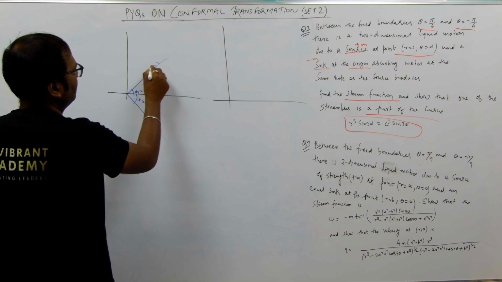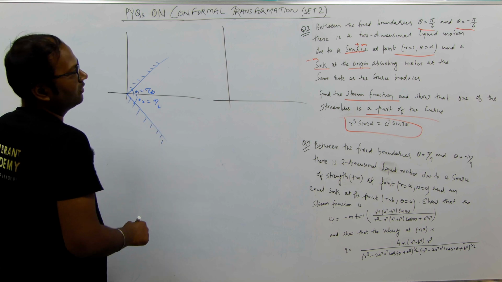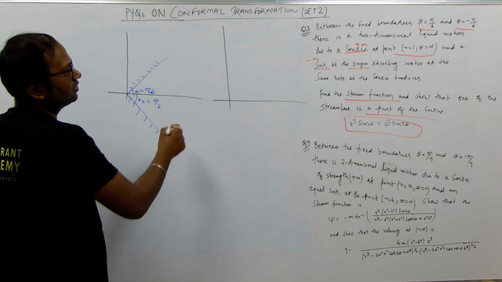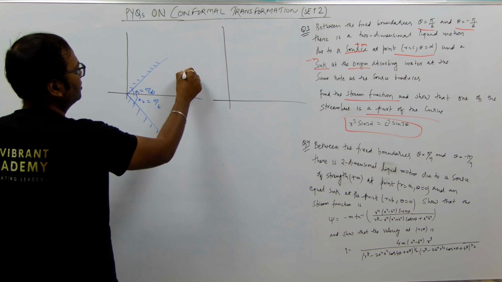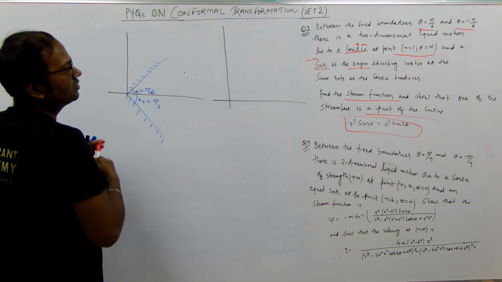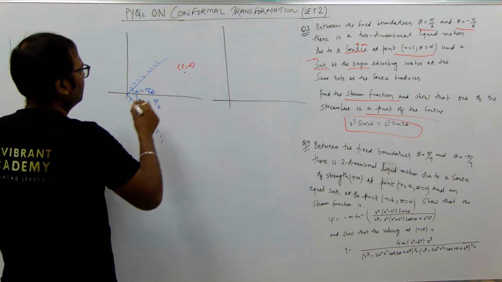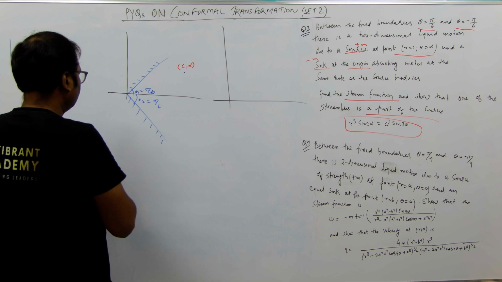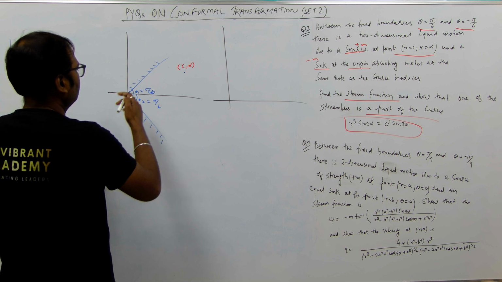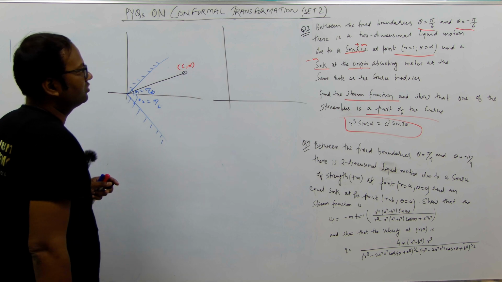This is the first boundary and this is the second boundary. ठीक है, and there is a source at r equal to c comma alpha. Let us consider this point as c comma alpha, r is equal to c. This is our source plus m.